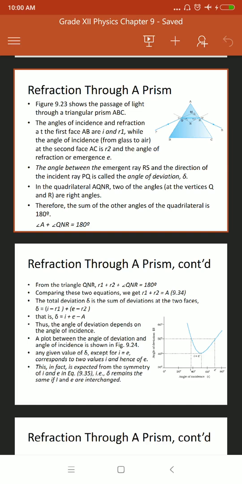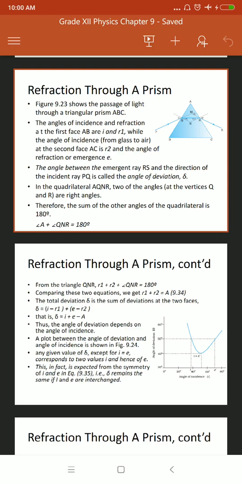So the angle of deviation depends on the angle of incidence, that is, on how the light ray is falling onto the surface. Here is the graphical representation shown between the angle of deviation and the angle of incidence. The plot between the angle of deviation and the angle of incidence is given for any value of delta.